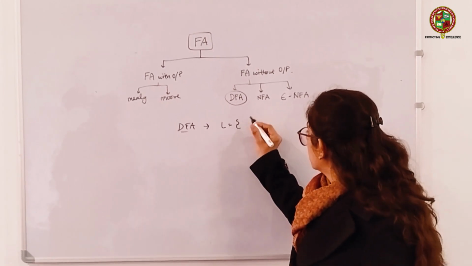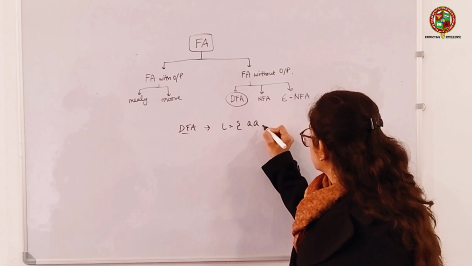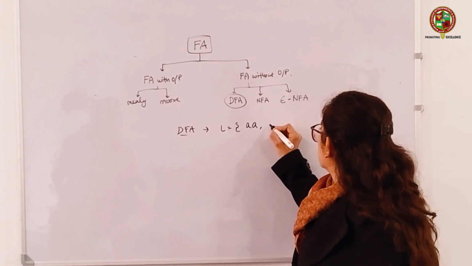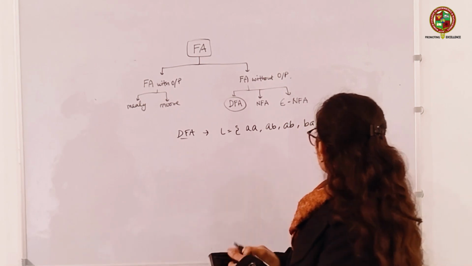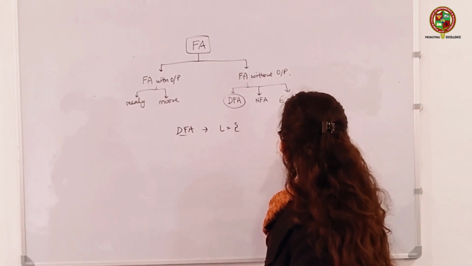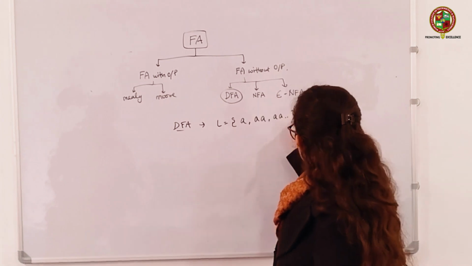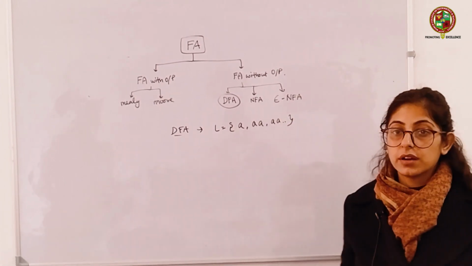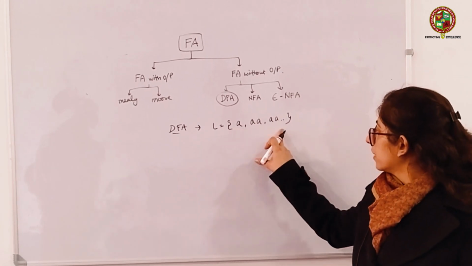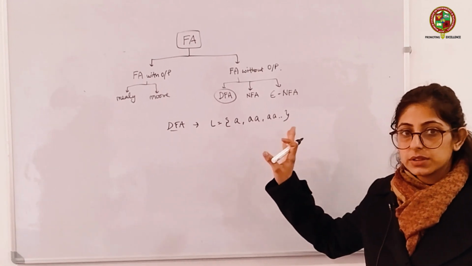What sort of language do I need? Let's take a smaller one, this is going to be broad. This is my language, which starts with A and also terminates with A.